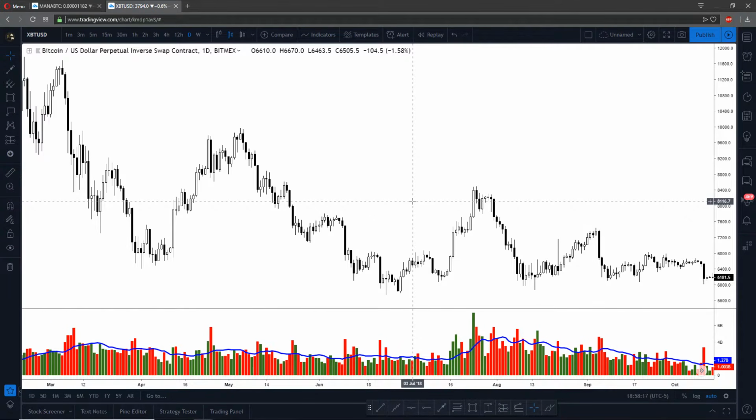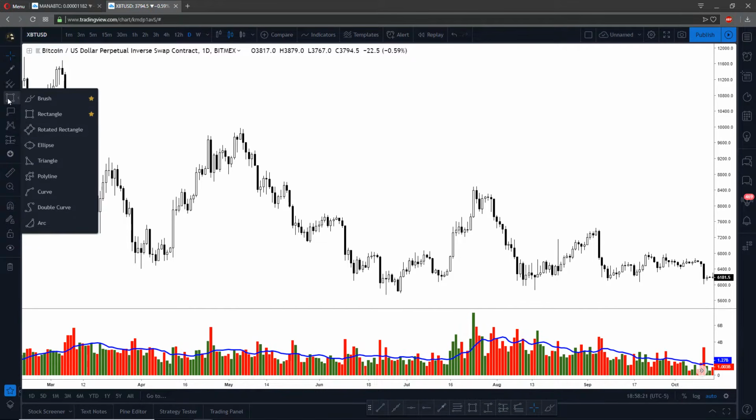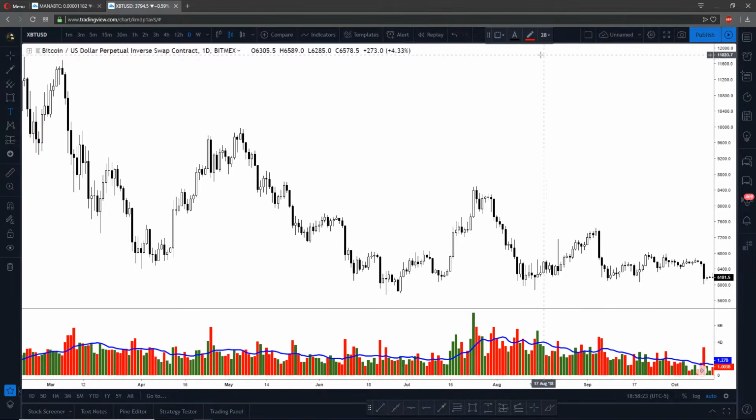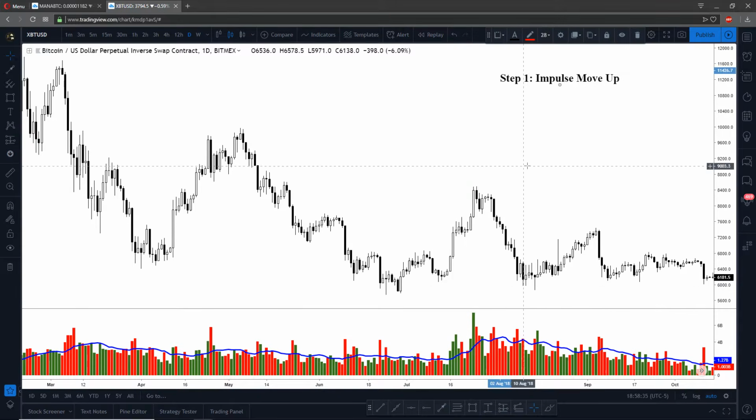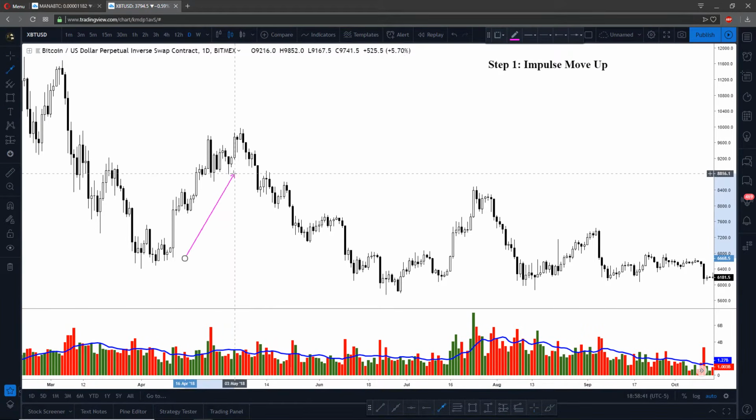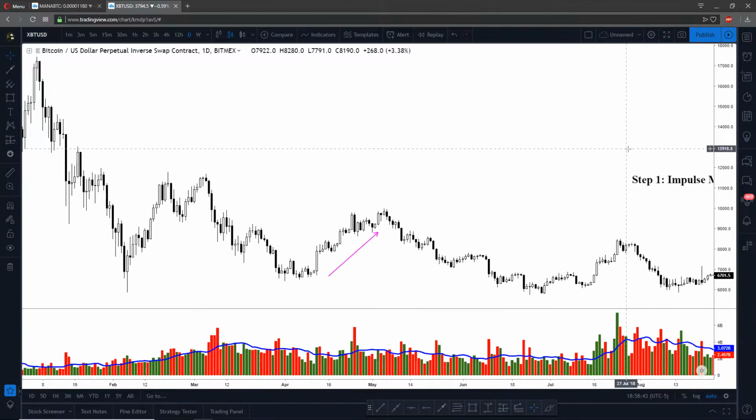All right, so for distribution, your first step is going to be impulse move, same as before, but this is going to be an impulse move up. So here we have an impulse move up.